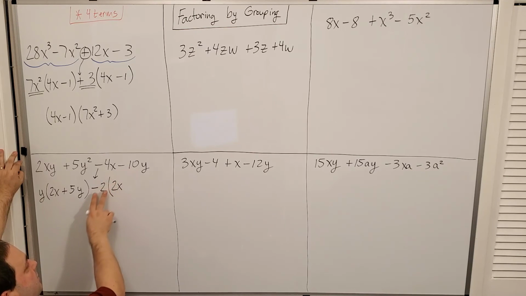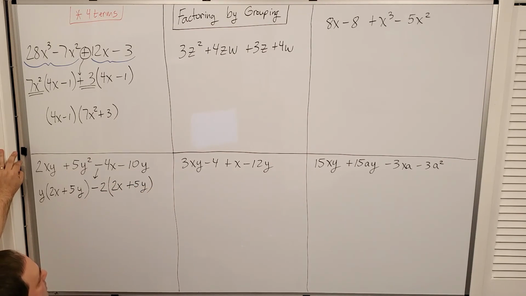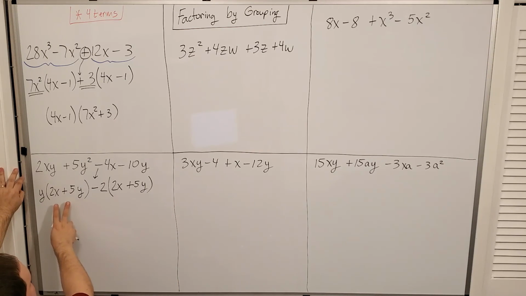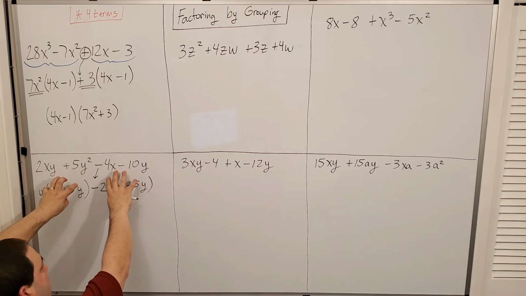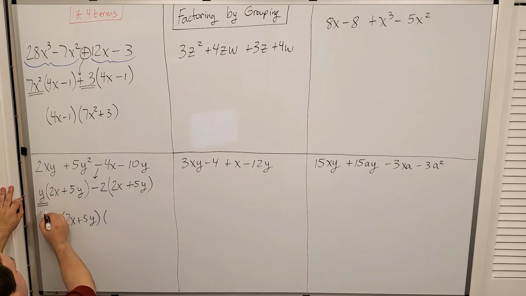And negative 10 divided by negative 2, I get 5 times y. Lo and behold, look, 2x plus 5y, 2x plus 5y. They have the big chunk in common. So I'm going to take that and divide it out front. 2x plus 5y. And what am I left with? The y minus 2.